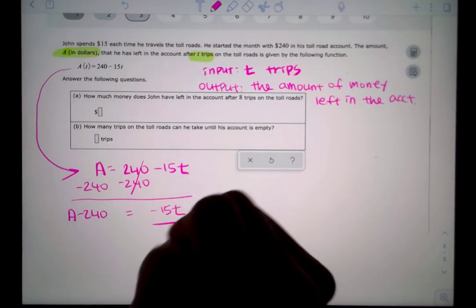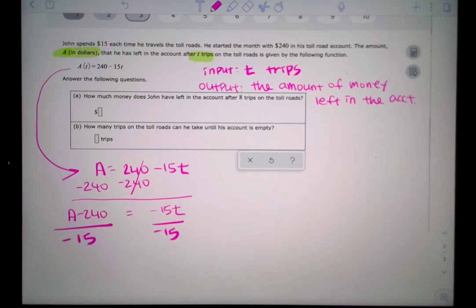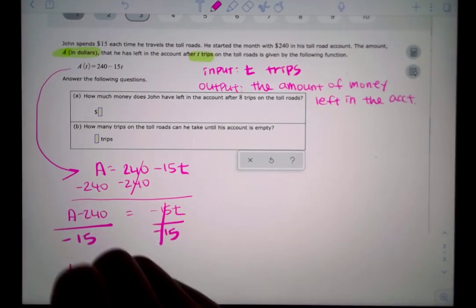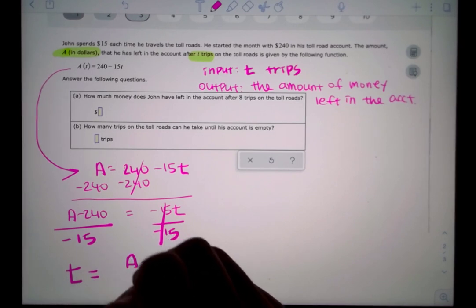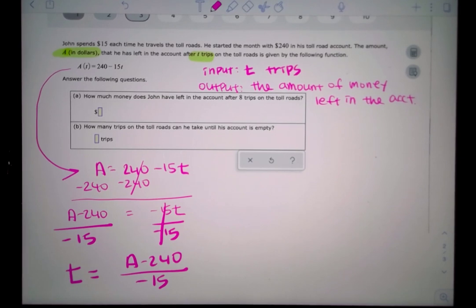And then you divide by negative 15, divide by negative 15, cancel, and then you can just keep this one, right? So my inverse function is t equals A minus 240 over negative 15.